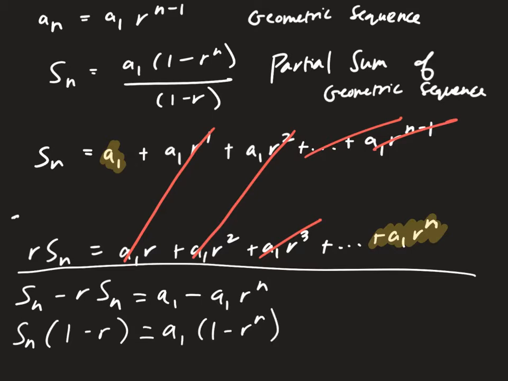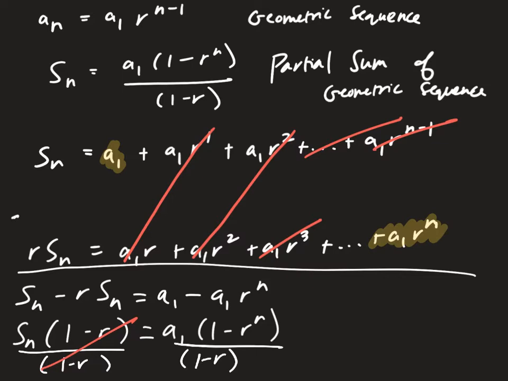Okay. So I'm trying to isolate for s sub n, right? Because I'm trying to create a formula that I can use for s sub n, to find the partial sum, right? So what I'm going to do is isolate my s sub n, and I'm going to divide out 1 minus r from both sides of my equation. So when I do that, right, I can actually cancel out this group.